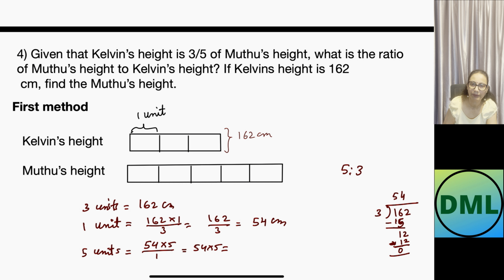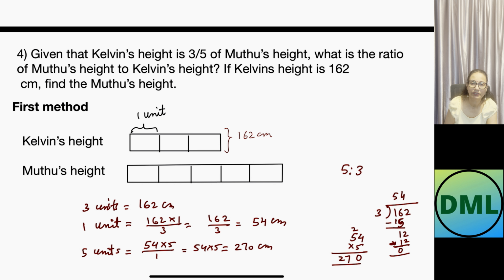If you multiply that, 5 fours are 20, 0, 2 carry over, 5 fives are 25 plus 2 is 27, 270. Muthu's height is 270 centimeter.